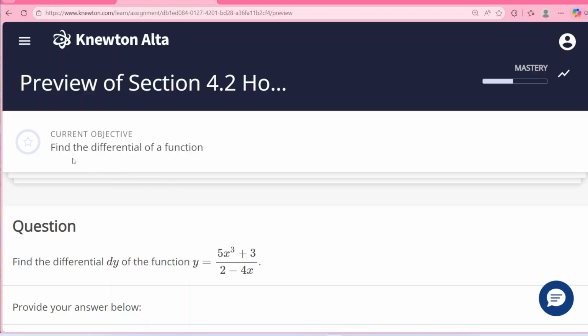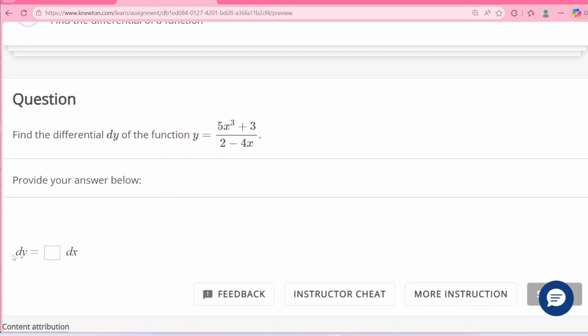All right, so this is just simply find the differential of a function, right? So they have dy equals, and then fill in the blank times dx. So you already saw the blank here, right? You have change in y on the tangent line equals the slope of the tangent line times the change in x.